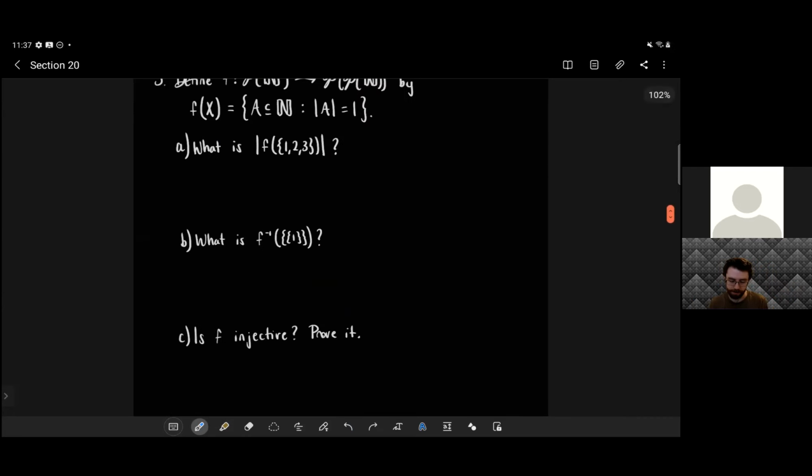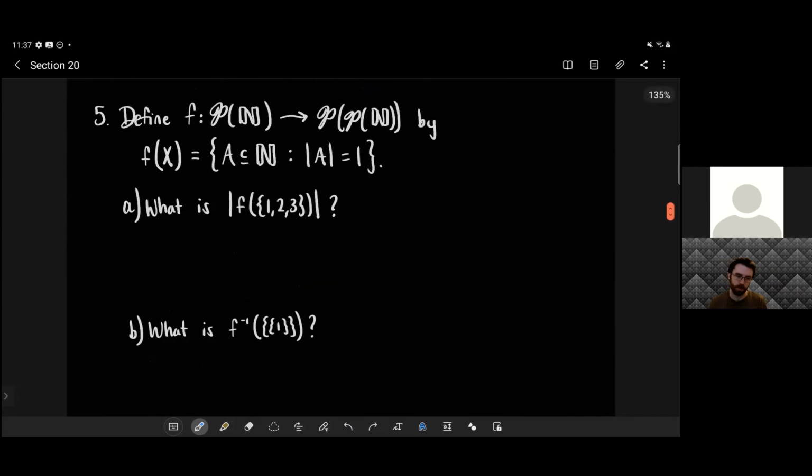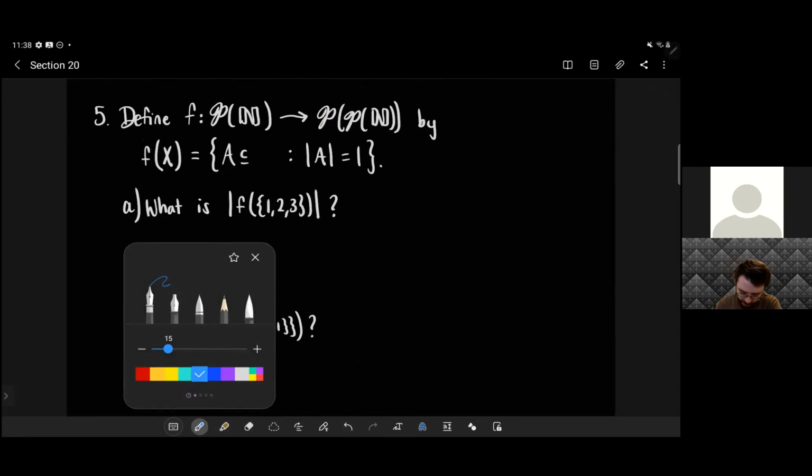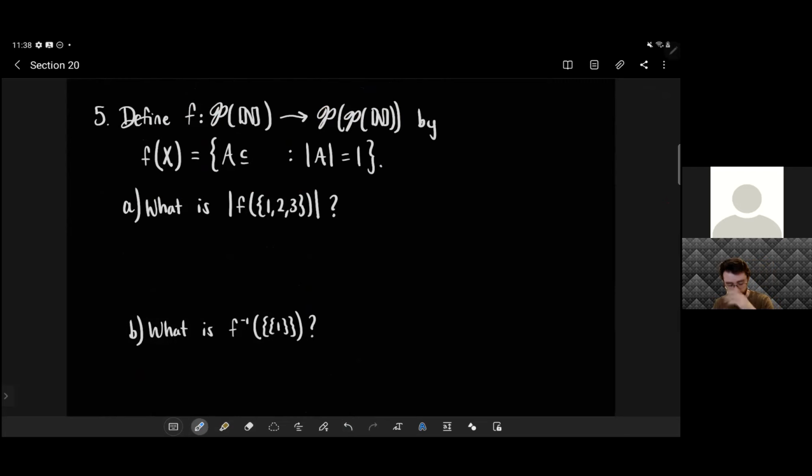Number 5, this one's on the weird side as well. I don't think I've ever formally written a function from a power set to a power set of a power set before. But it's defined in a way we have seen before. Oh, I have a typo here, don't I? I'm using the old version here.